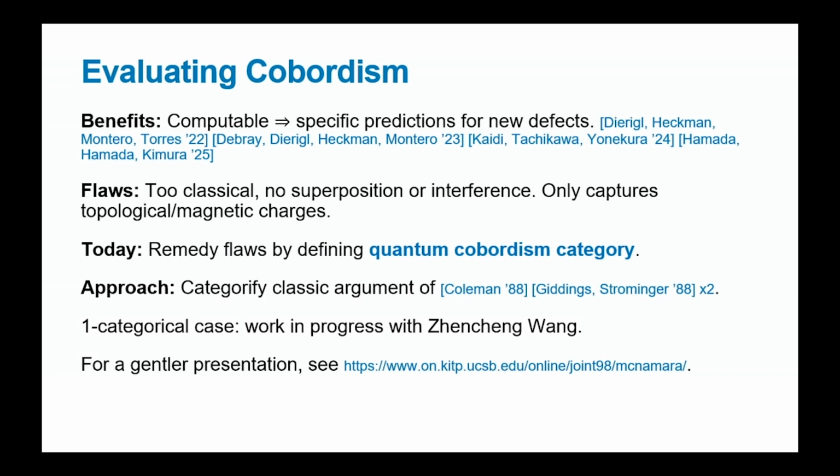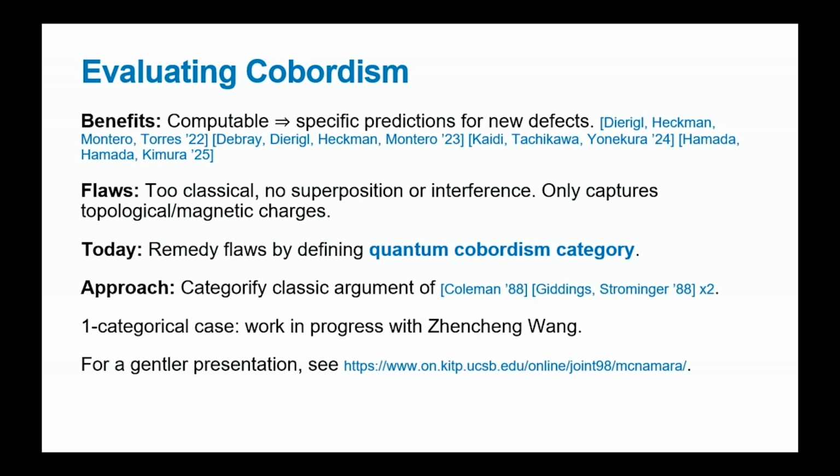If you have just smooth manifolds, they're computable, but even if you have fixed singularities, they're still computable because there's a systematic way to adjoin to your smooth manifolds singularities of a prescribed type and compute cobordism groups. This has been done in a number of works, and there's probably more that I didn't list. This leads to specific predictions for new defects in well-known string theories. Again, the argument is that if these defects didn't exist, then that string theory would have a global symmetry, and I think we believe string theory doesn't have global symmetries.